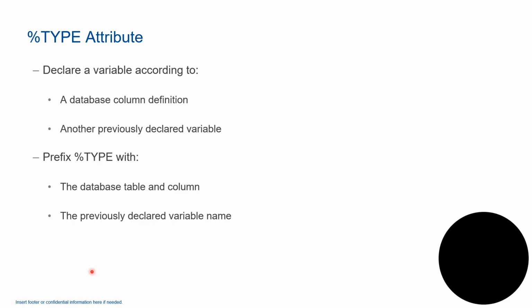Now if we define a %TYPE attribute, we declare a variable according to a database column definition or another previously created variable. With %TYPE, we use a prefix of the database table and column. Suppose I have an employee table, and we have the name of an employee as a column.